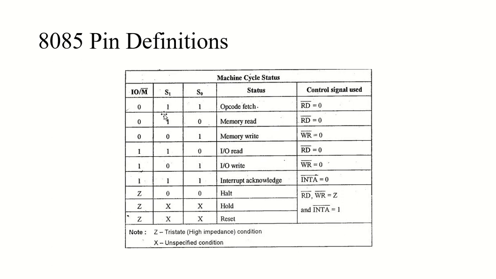When IO/M is 0 and S1 and S0 are 1, that means opcode fetch. When it is 1, and S1 and S0 are 1, that means interrupt acknowledged. So it serves different purposes which we will be studying. No need to go into the detail of this right now, but we will be discussing it in detail in upcoming time.